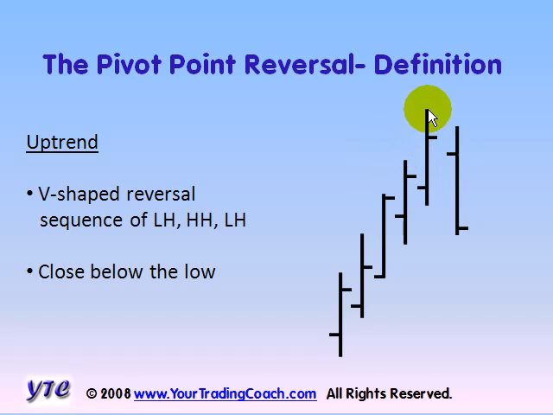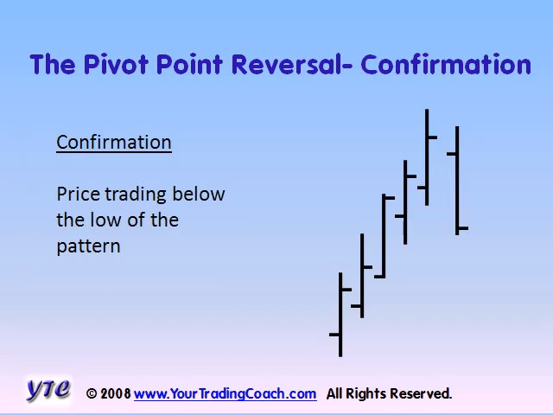A lower high, higher high, lower high, forming a V shape, with the close below the low of the pivot bar. Confirmation of the pattern is through price trading below the low of the pattern at this point here, continuing the downward move, and a stop loss should be placed above bar 2 here, or ideally above the whole swing high at bar 1, the pivot bar, at this point here.